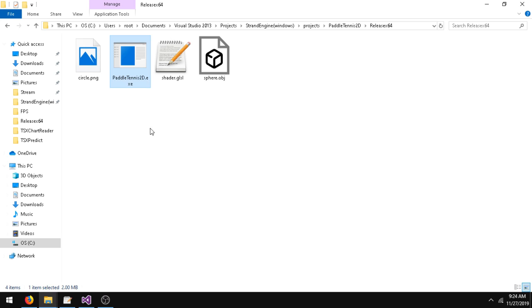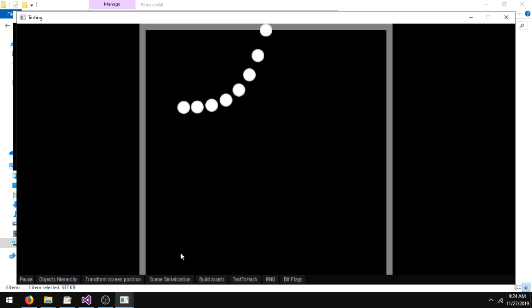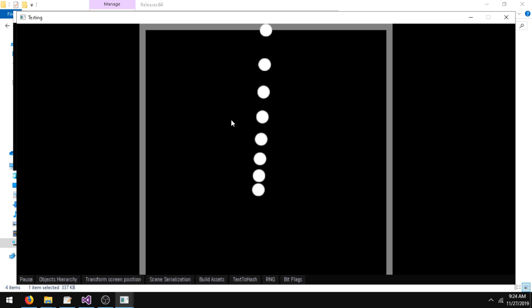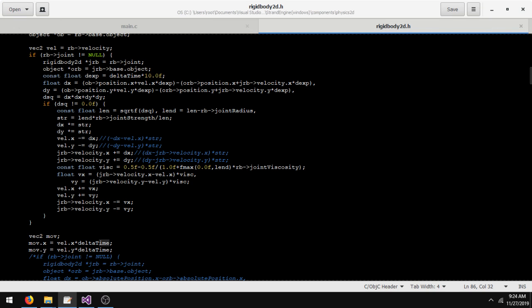Alright, times 100 is too much. Times 10 though, you can see they stay together way more, but it really slows down the movement, which is really bad.